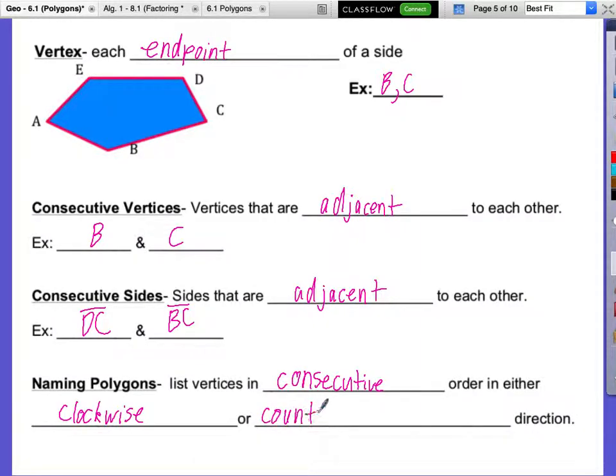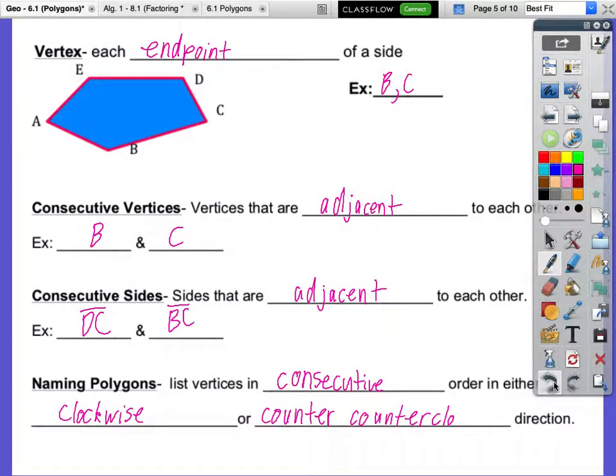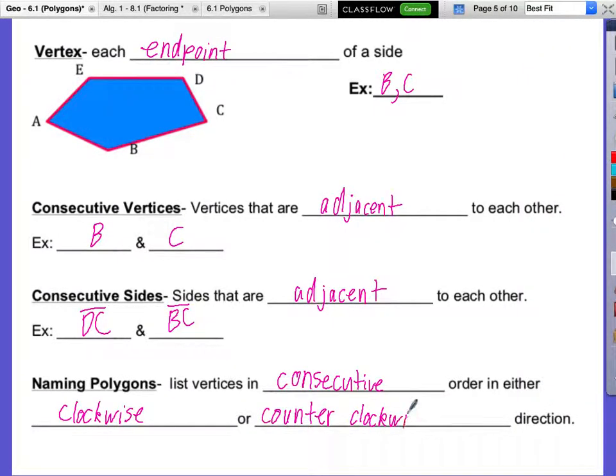Big word. It's one word, counterclockwise. If you're going counterclockwise, that's normal again.